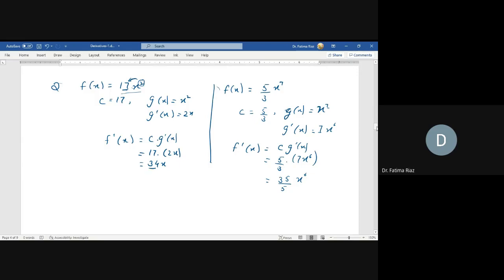Here, this power is multiplying with this coefficient. So you can see over here that 7 into 5 is 35 over 3. And this x power 7 becomes x power 6. So you know that this power is always multiplied with your coefficient.